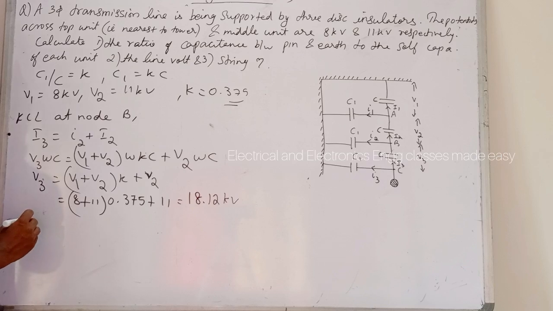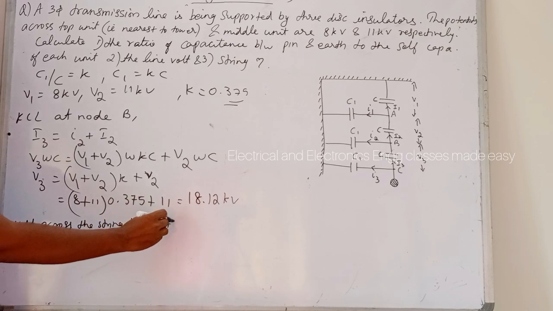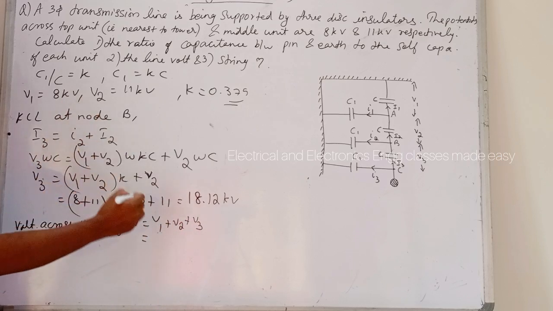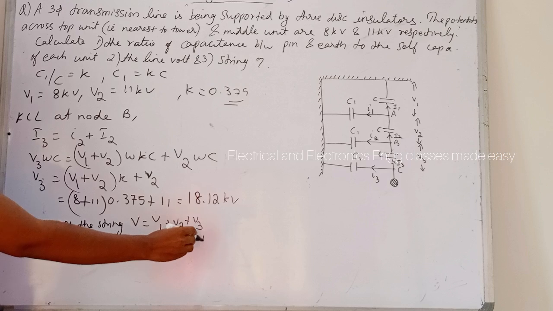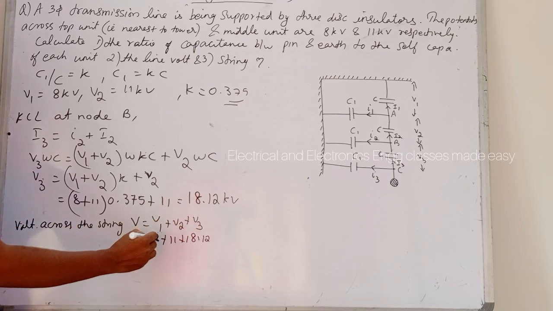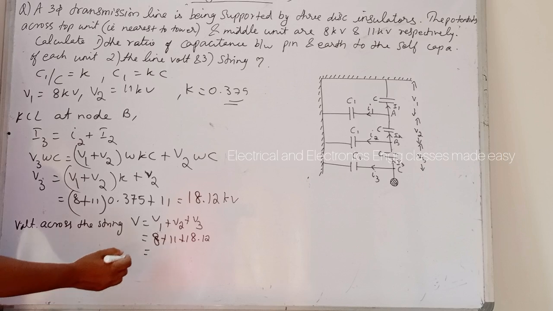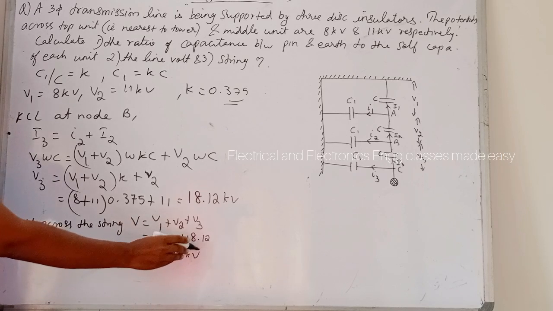Now we can find the total voltage, that is voltage across the string. So voltage across the string is equal to V. V is equal to V1 plus V2 plus V3, and that is equal to 8 plus 11 plus 18.12, and that is equal to 37.12 kilovolt.